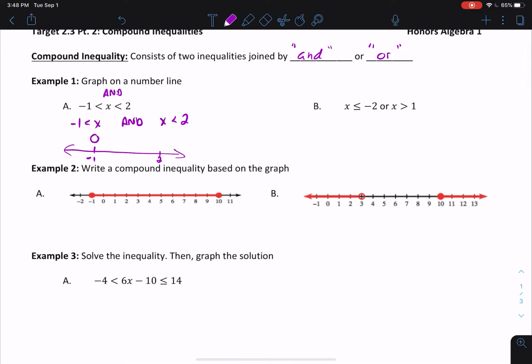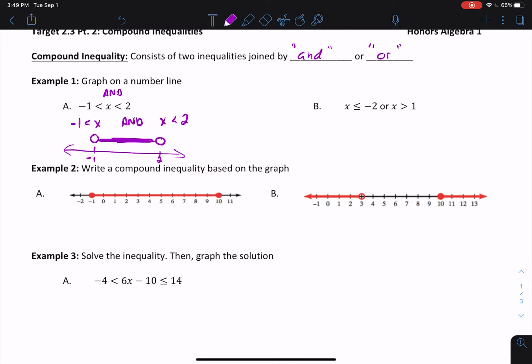I've got an open circle at -1, an open circle at 2, and I have this region in between the two that is going to be shaded. All right, because and means that any number that I pick has to satisfy both of those inequalities. So x is bigger than -1 and x is less than 2 is going to be that region shaded.